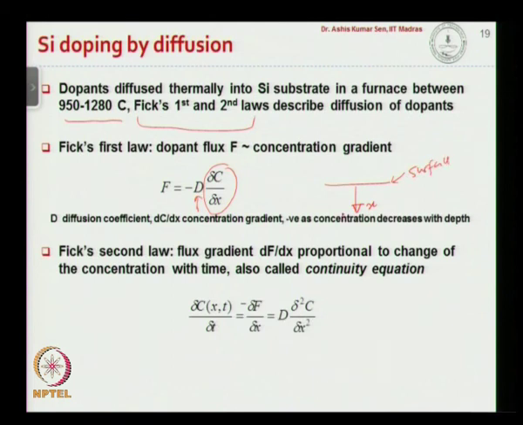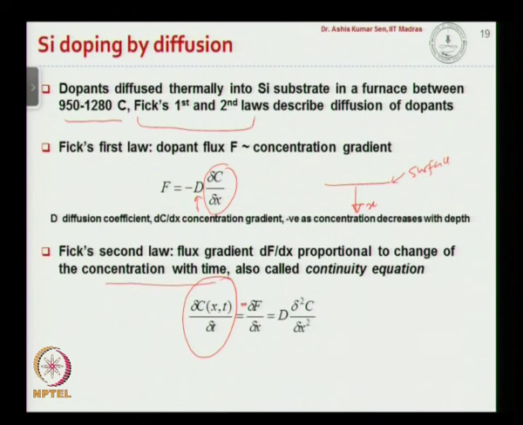Okay. And Fick's second law tells that the flux gradient del F over del X is proportional to the change of concentration with time. So this is the concentration change with time, the gradient del F over del X is proportional to the change of concentration over time.